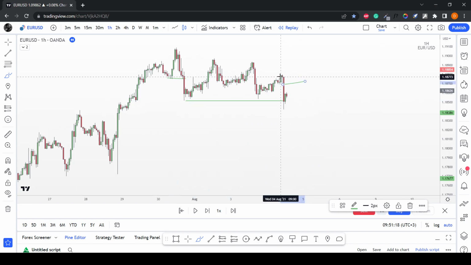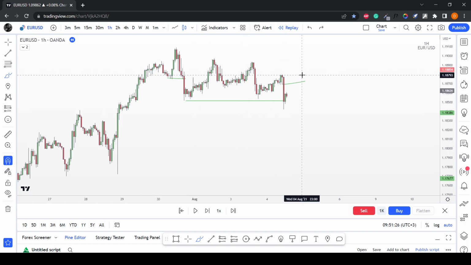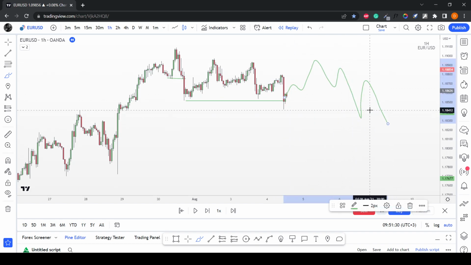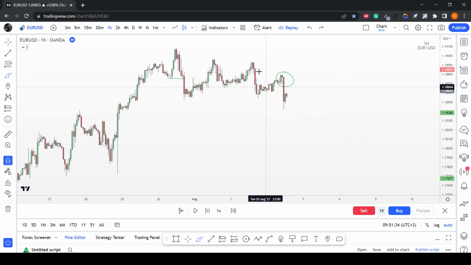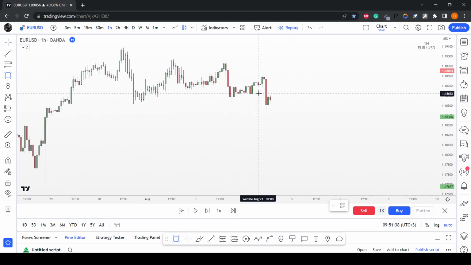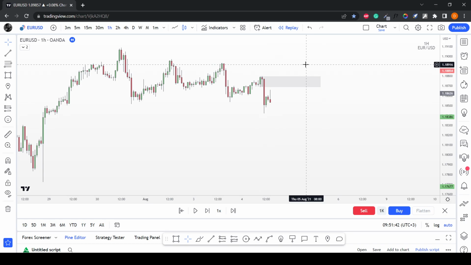We have this clear zone to work with, and then everything here is inside, so this is still a part of a chain. Ideally I would wait for this redistribution and then enter, but also if I see that the price wants to react from here, I'm also fine to enter from there. So let's see what the price will do.